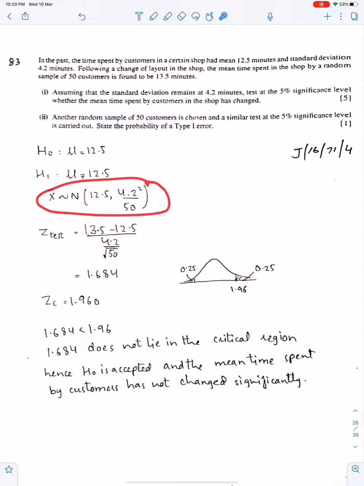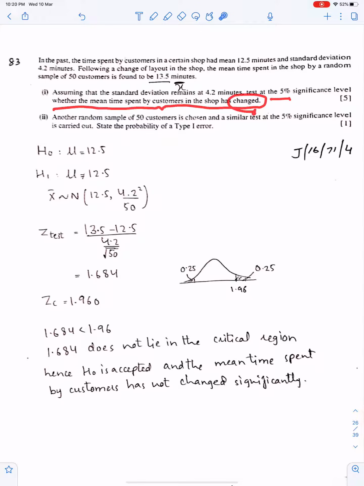Because of this large sample size, the distribution of X bar is normal. And this is the test value 13.5. Assuming that the standard deviation remains 4.2 minutes, test at the 5% significance level whether the mean time spent by customers in the shop has changed.